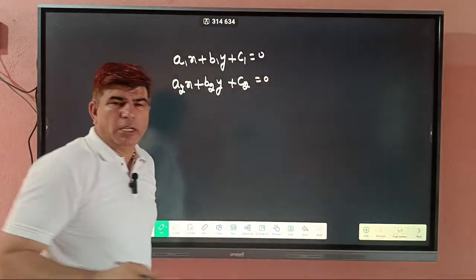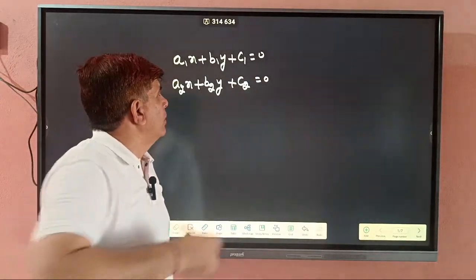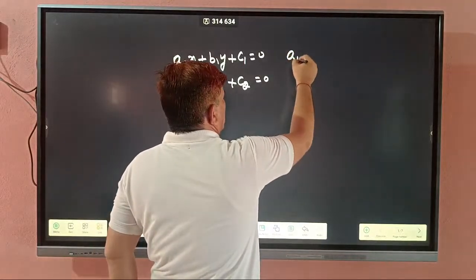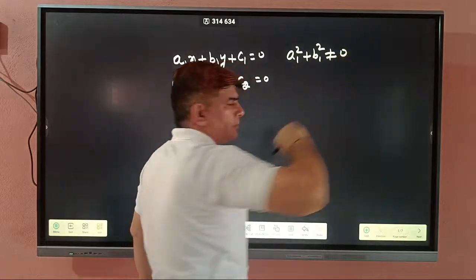This is a pair of linear equations in two variables. And then I said that a1 square plus b1 square is not equal to 0.